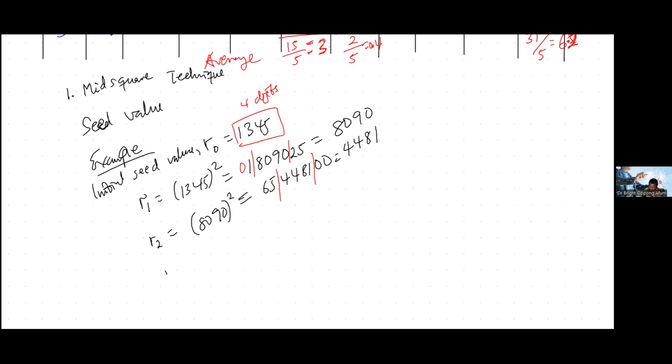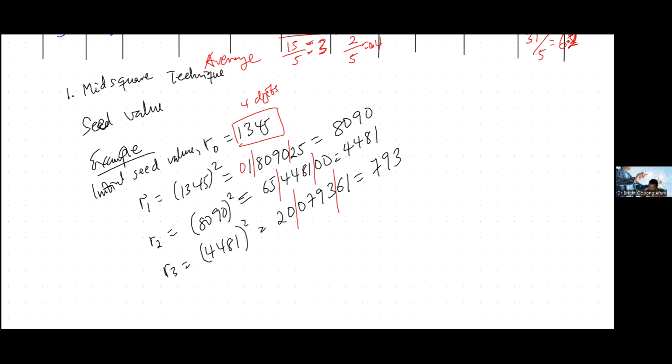The third random number will be 4481 square. 4481 square is actually 20079361. If I look at that, I have 0793.